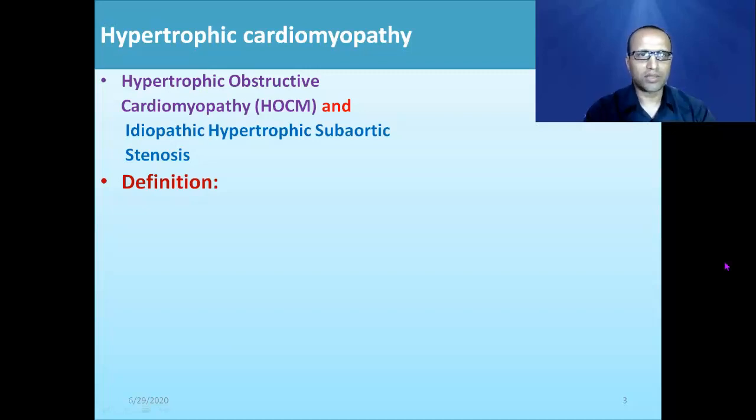So that is why the term hypertrophic obstructive cardiomyopathy is not used anymore. The cause of hypertrophic cardiomyopathy has been known to be genetic mutations. That is why the term idiopathic hypertrophic subaortic stenosis is not used anymore.